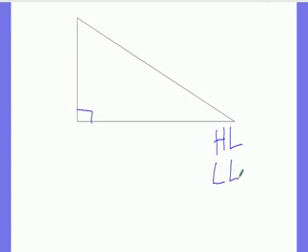So what do you think we label that as? We know the hypotenuse is congruent. What letter have we been using for that? H. There we go. And A. Hypotenuse angle. There you go. Good job. You done good. Okay.